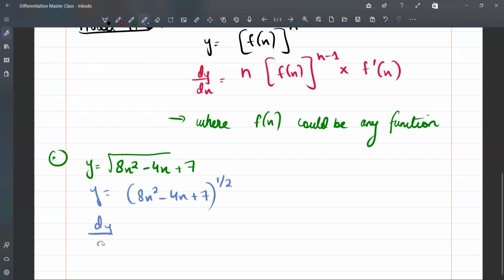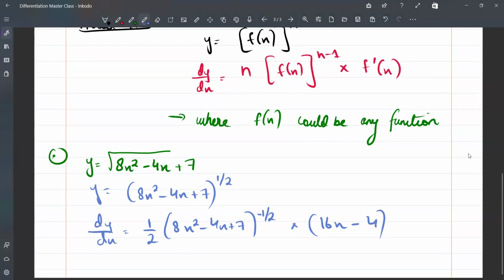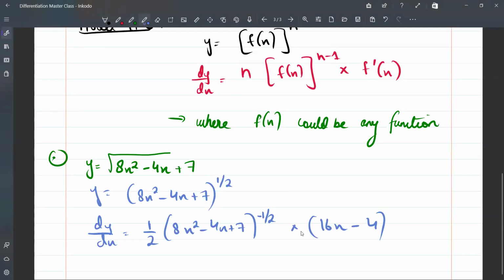So dy over dx would be half into 8x squared minus 4x plus 7 to the power 1 upon 2 minus 1, which is minus 1 upon 2, into the differential of the bracket, which would be 16x minus 4.